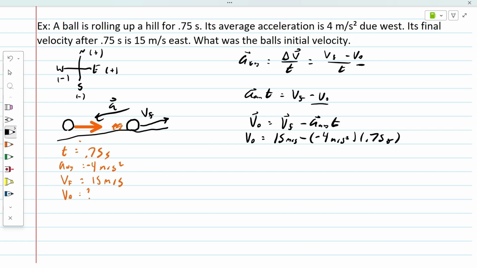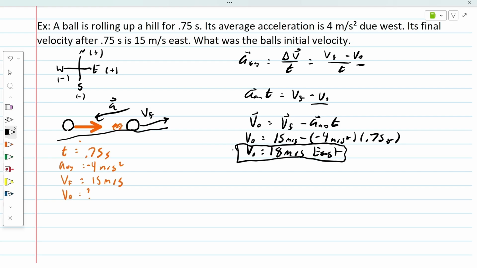So this seconds will cancel with that one, and we'll get meters per second. The velocity initial is equal to 18 meters per second. And because it's positive, that means it's going east. And that's the final answer.